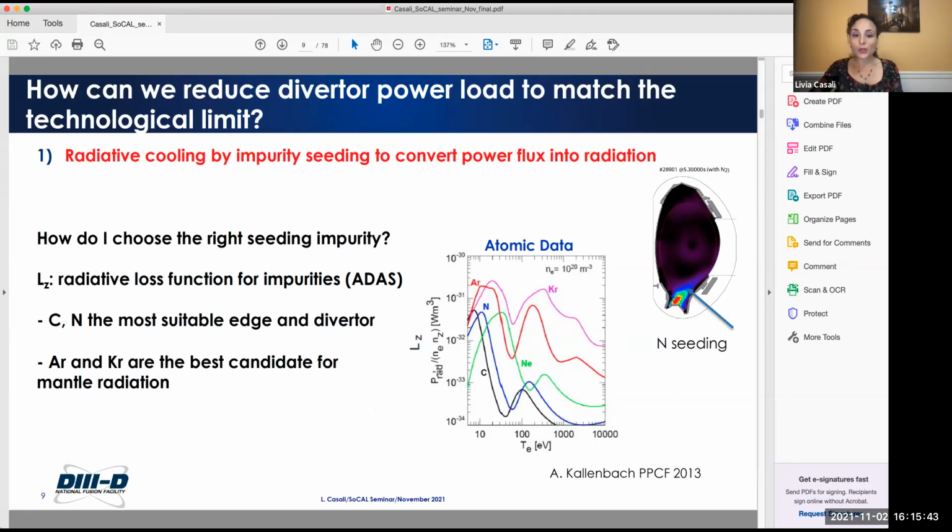And as we can see, while carbon and nitrogen are the most suitable edge radiators, argon and krypton still radiate significantly at high temperatures, and therefore they are the best candidates for mantle radiation.